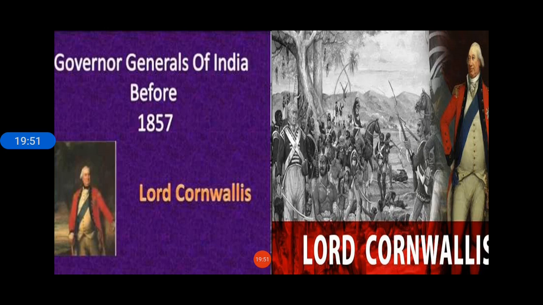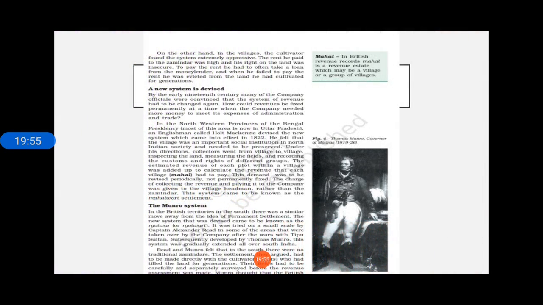He introduced the permanent settlement system. Now let us see what was happening. In the first decade of the 19th century, the price of the market increased, cultivation also expanded, so production increased and a large quantity of crops was produced, but the company was not getting any profit.